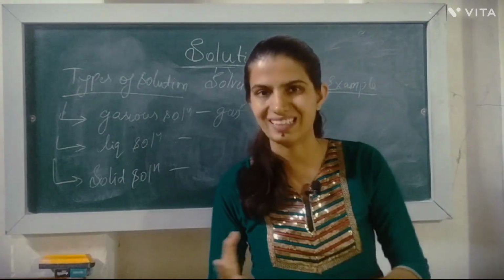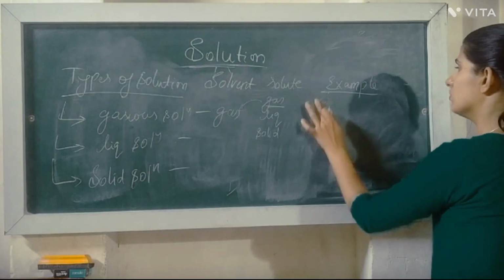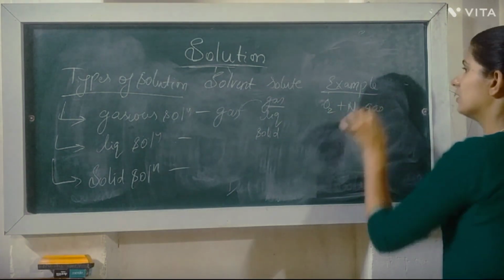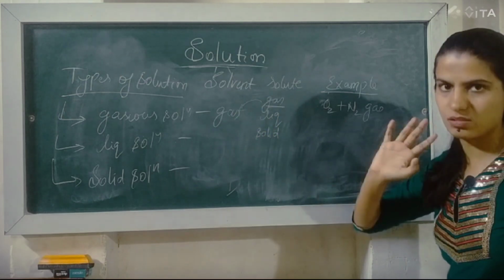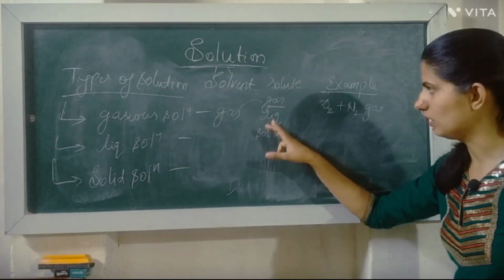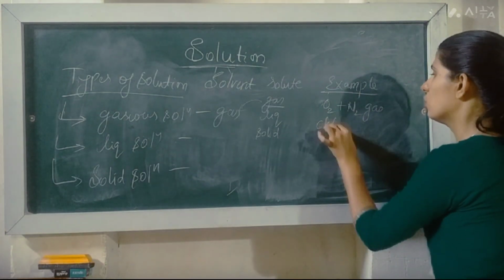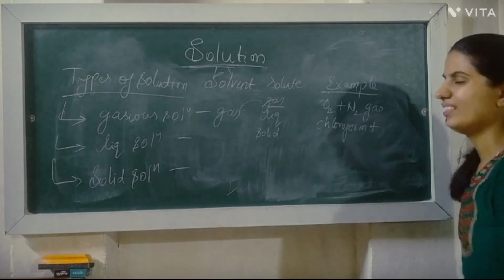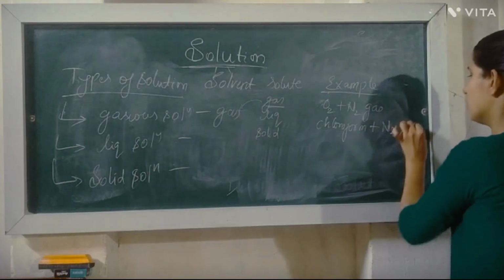I'll just write down mixture of oxygen and nitrogen gas is example for gas in gas. Then again, liquid in gas. Chloroform, which is a liquid, when it is mixed with nitrogen gas, we get a gaseous solution.